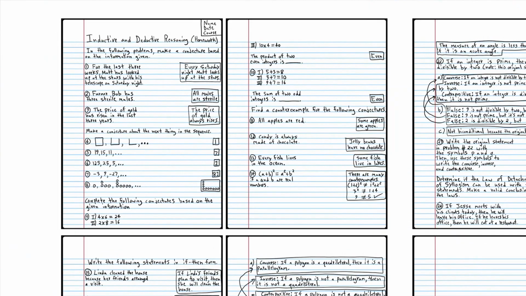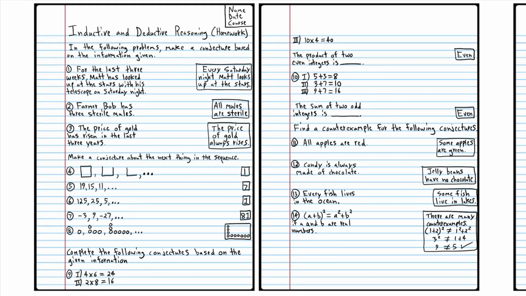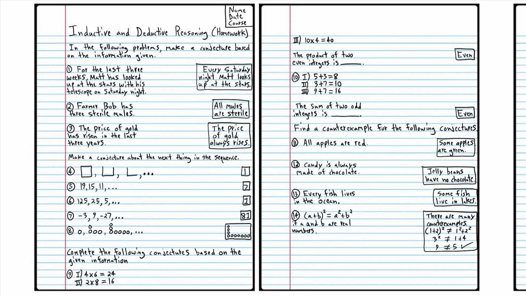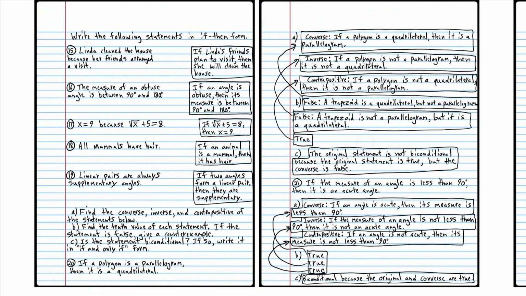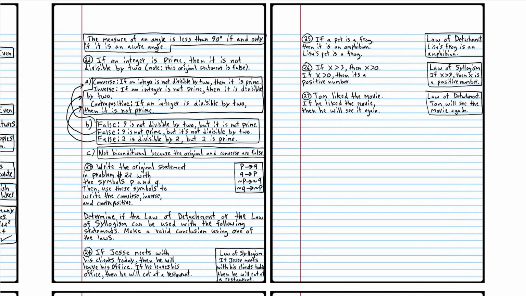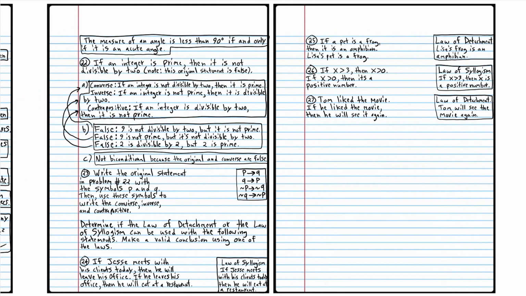All right, so now let's look at the homework. Take a screenshot of the first pages of the homework and the third and fourth page, and notice I give you all the answers. Your homework needs to be complete, it needs to be neat, it needs to be correct, and you need to know where it is. Make sure you put that homework in chronological order.